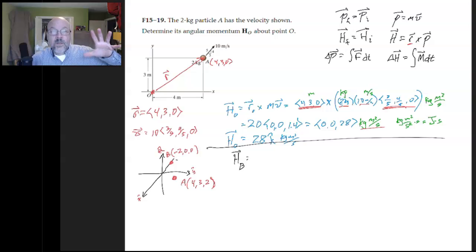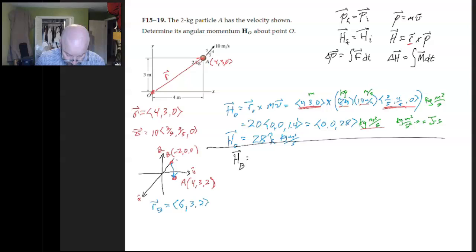We follow the same basic plan, which is we need a location vector and then the velocity vector. Our location vector this time, I'm going to call it R sub B. In terms of X, we go forward up to 0, 2, and then 4 more, so we go forward 6, and then still 3 and 2 is fine.